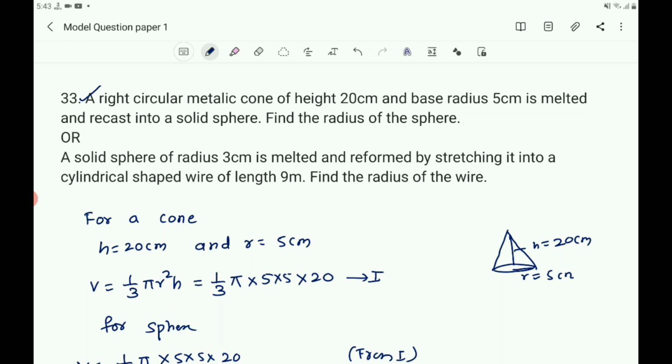Here, the cone is converted into solid form. The volume will not change. So, first you find the volume of the cone, but you keep that in this form only. It becomes easy for you to calculate.